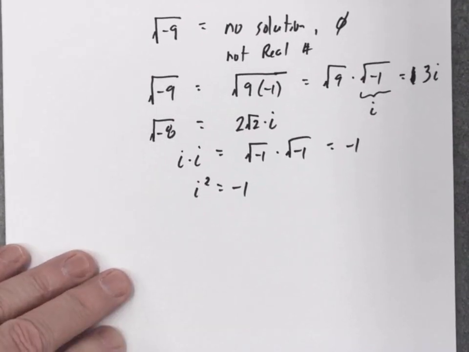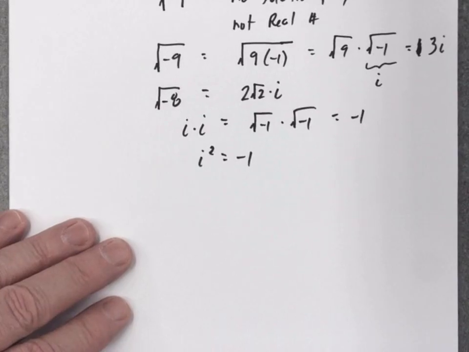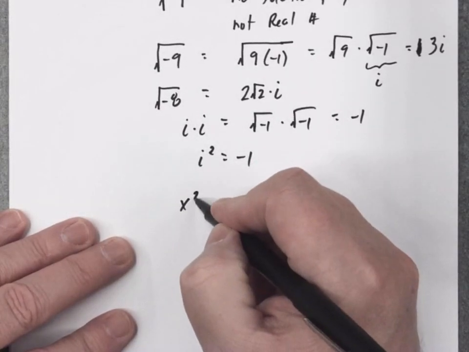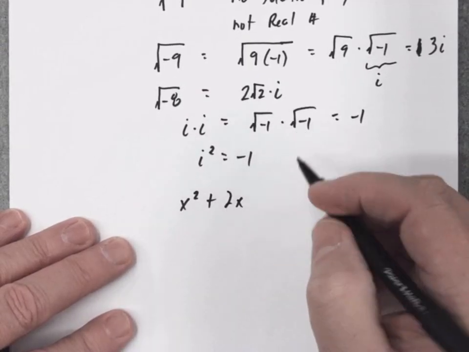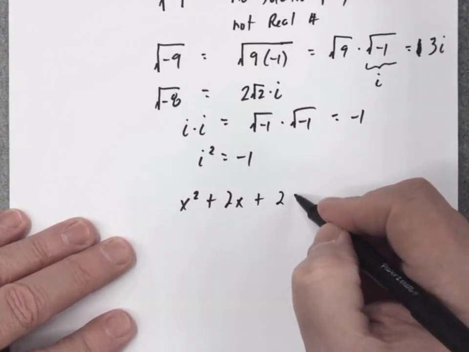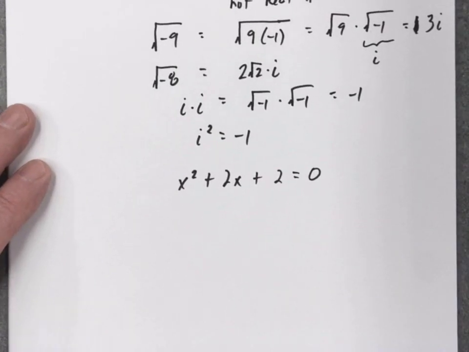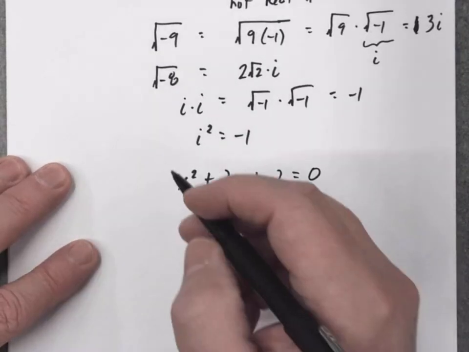The last part to review is the quadratic equation. In algebra, you were asked to solve it. In this case, we're going to set it equal to 0 and solve this equation. This doesn't factor, so we had to use the quadratic formula.